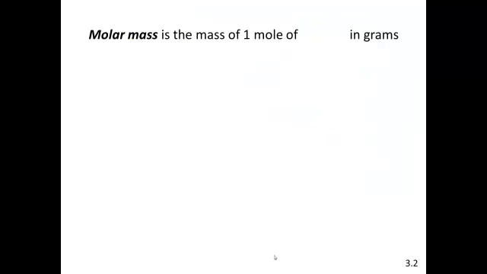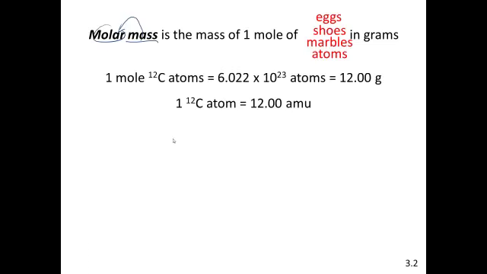A molar mass is the mass of a mole of anything in grams. It could be eggs, shoes, or marbles, but really we're concerned about atoms. Most of these masses would be unbelievably huge unless we're talking about atoms.